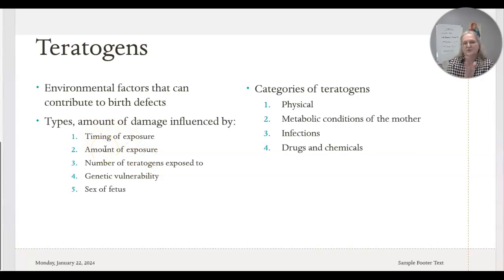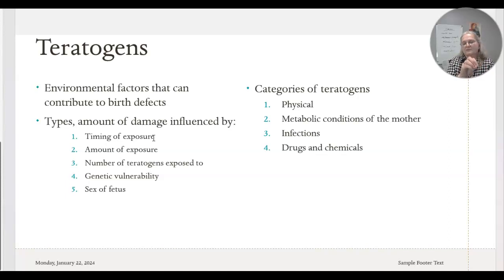And that has to do with, so in the previous video lectures, I was talking about how different stages are. So for instance, the first stage is up to 14 days. A mother may not even know she's pregnant. And as we move through the different stages of development and certain aspects of the body are being developed, if the unborn is exposed to a teratogen, right?